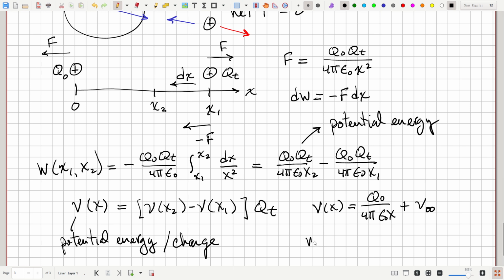So this is our voltage. Voltage is joules per coulomb, potential energy per unit charge, right? And this is where we define a volt to be 1 joule of energy, and then we divide it by charge. So energy per charge.